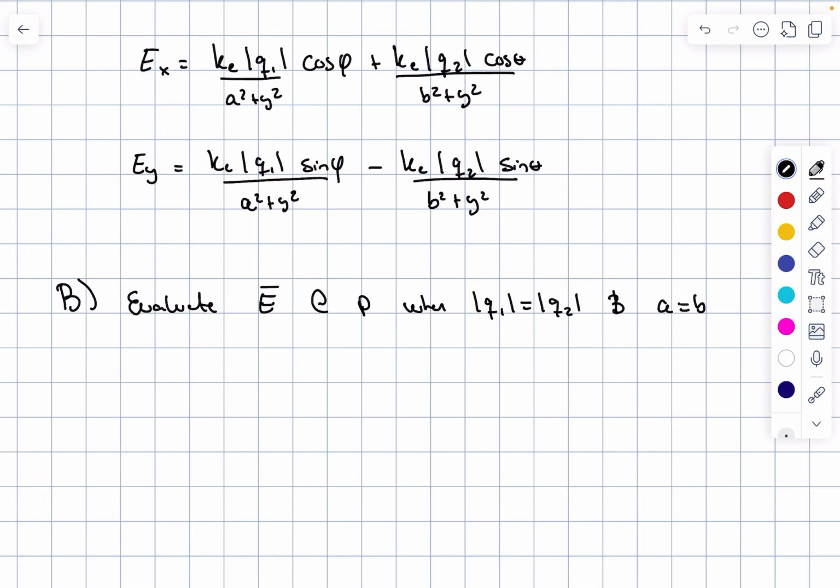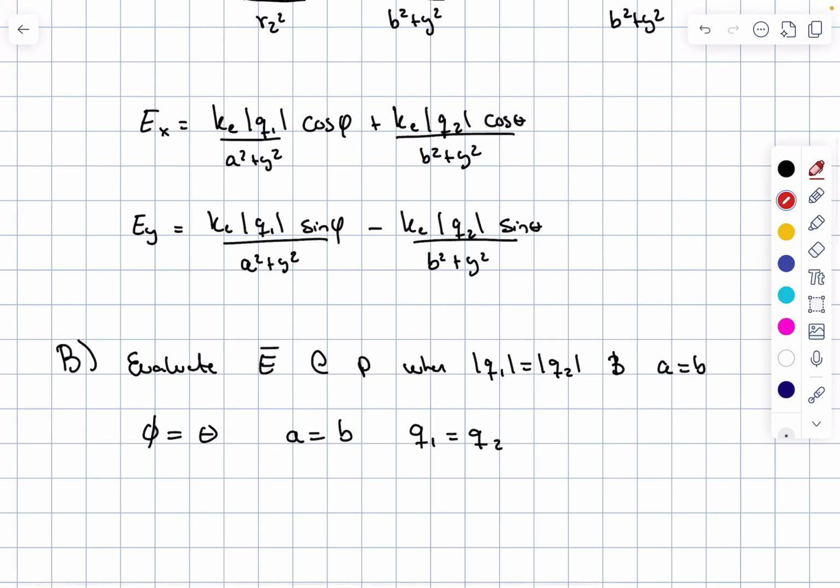So if we have that, phi is equal to theta, A is equal to B, Q1 is equal to Q2. Then we can just look at it here. So if this is the same, this becomes theta, right? Here I'm just going to erase Q1, Q2.